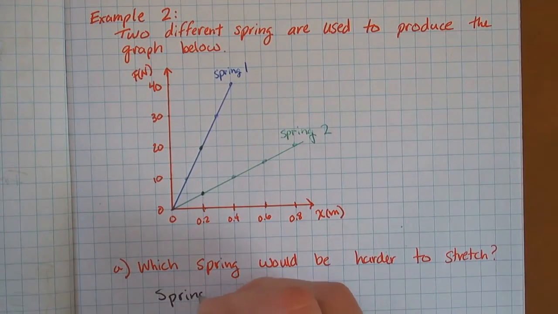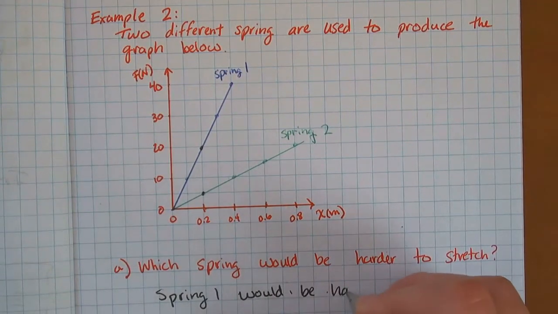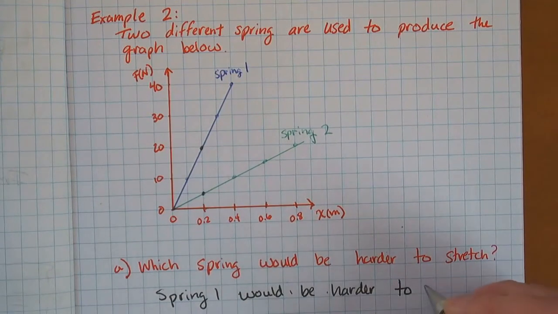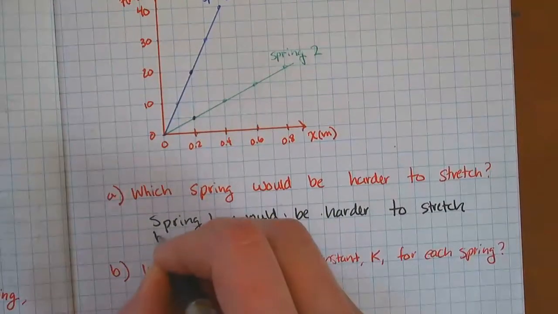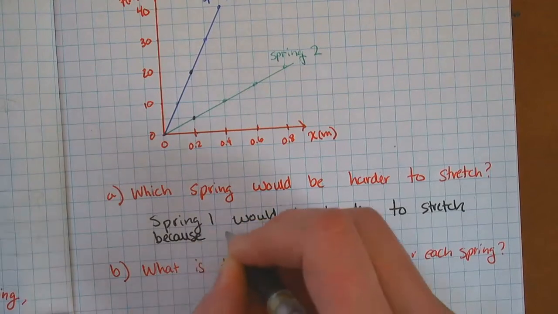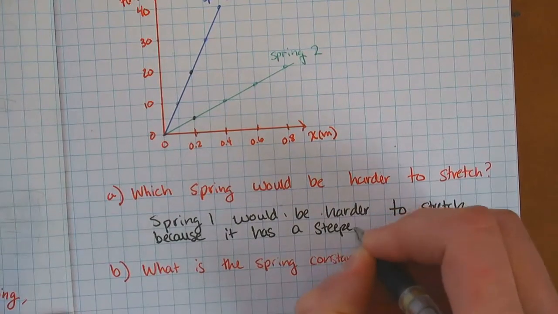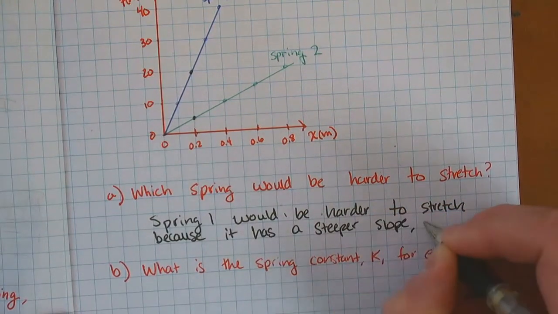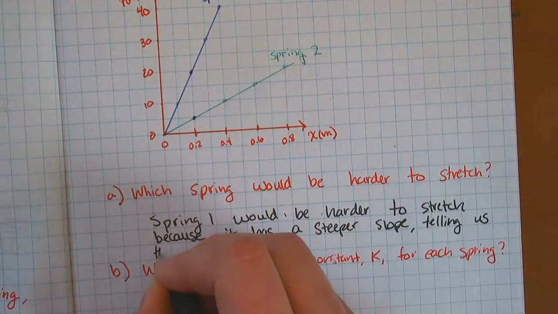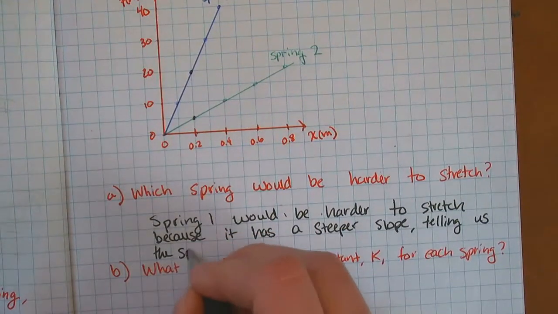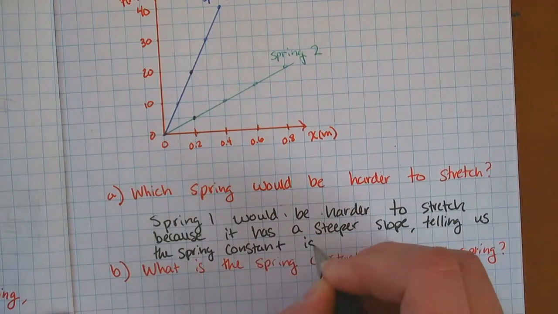So we can say spring 1 would be harder to stretch because of the steeper slope, telling us the spring constant is greater.